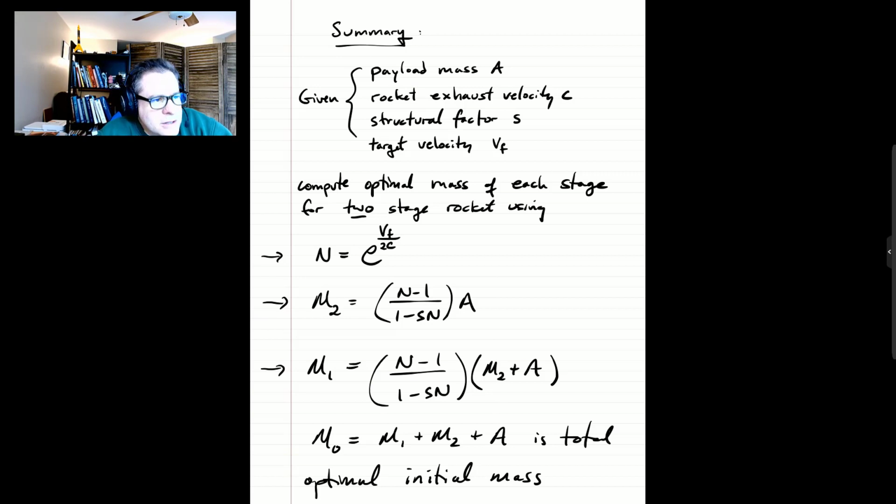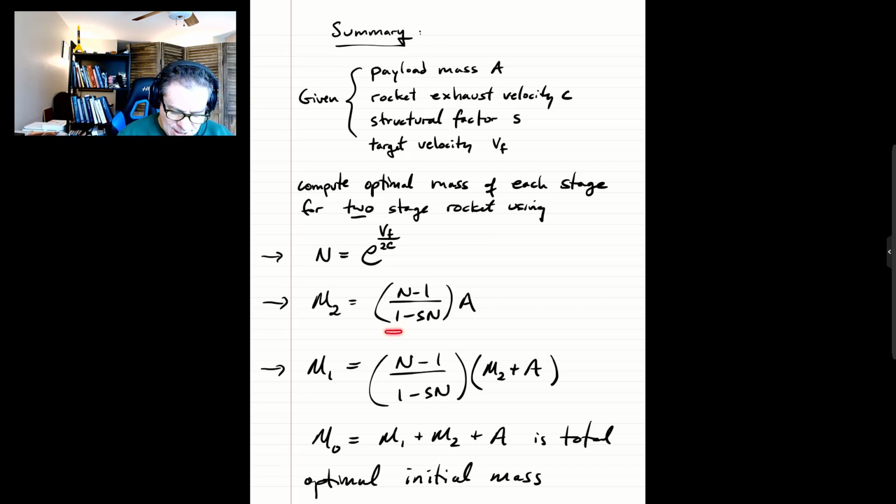Here, what we've concluded is that given some payload mass A, some rocket exhaust velocity C, structural factor S, and some target final required velocity Vf, we can compute the optimal mass of each stage for a two-stage rocket using these formulas. We need to get this value n that involves the target velocity and 2 times the exhaust velocity that is the same velocity for each stage.